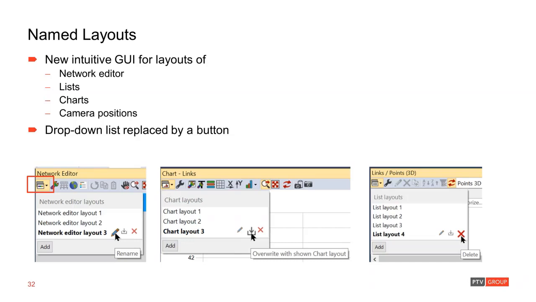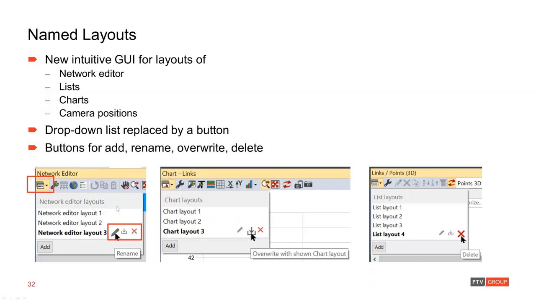And now there is a button, and this button works just like the button in the named color schemes, which means you open this dialog where you can add the current settings as a named layout, or you can rename a named layout, you can override it, you can delete it.